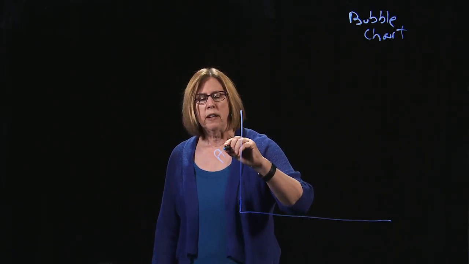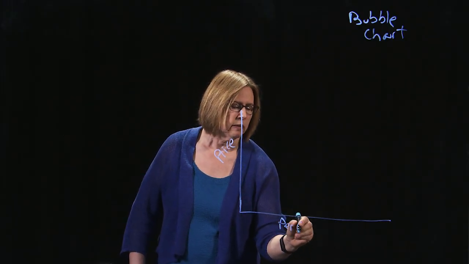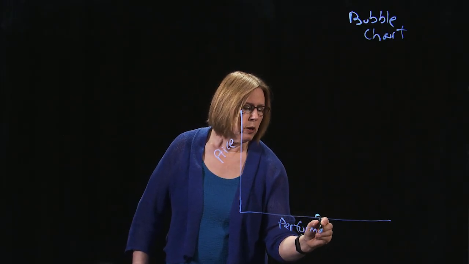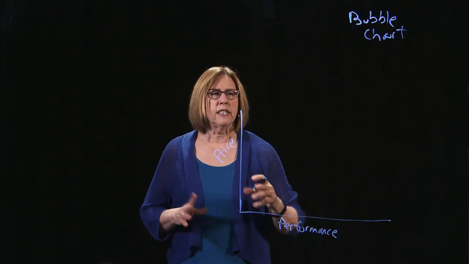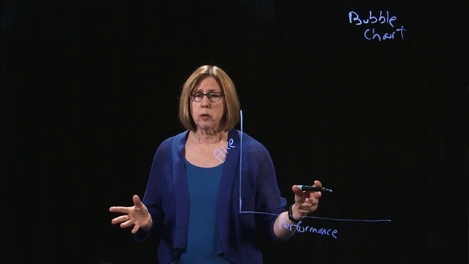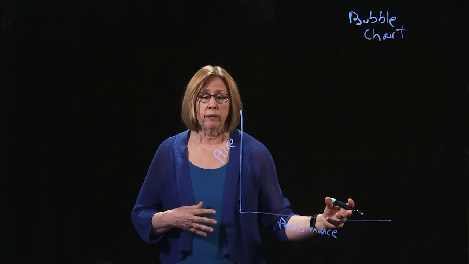So a typical one is price versus performance. You'll be adding a 3rd dimension when you include the size of your competitors in terms of sales, as well as your size of potential market.